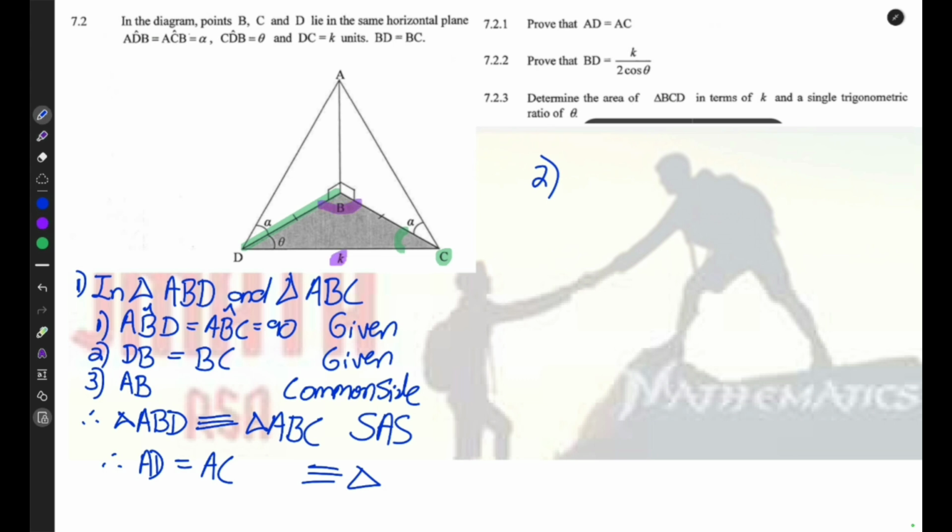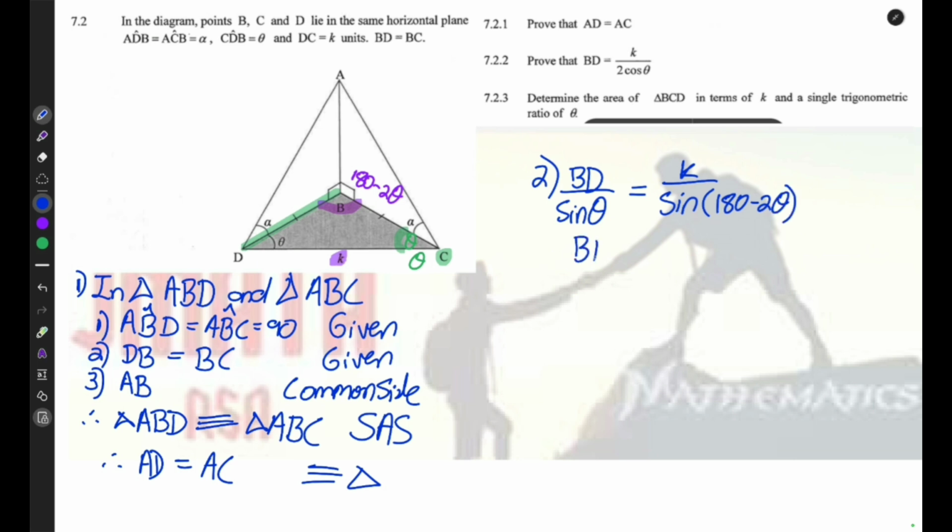And luckily, because of all the info they gave me, this is an isosceles triangle. So this angle would also be theta. Sorry, it's a bit difficult to see. That's also theta. And then the purple one would be 180 minus 2 theta. Now I can use the sine rule. So I would start with what I want. I want BD, and that is over sine theta, would be equal to DC, which I know is K, over sine 180 minus 2 theta.